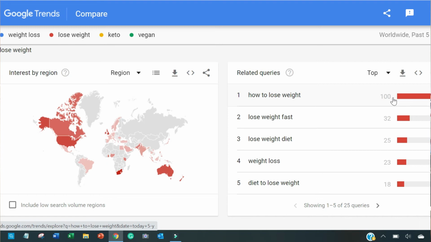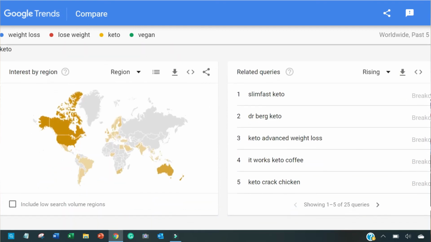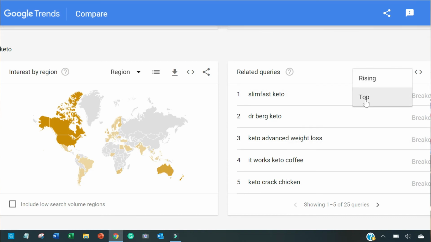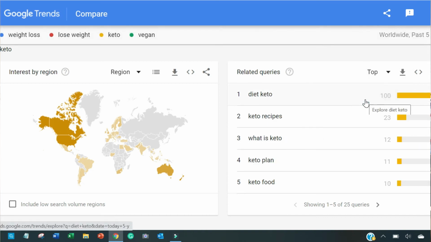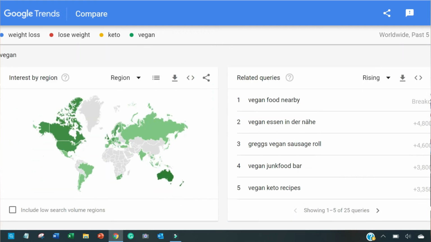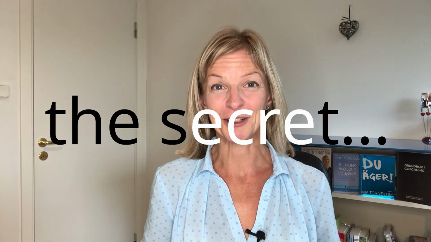All right. So this gives you an indication of what terms to use in your content that you're creating, and how to phrase, for example, the goal of your business or the content, so that you can become intentional in satisfying your audience. The secret to using Google Trends is, of course, that you want to provide content to your audience that they want.